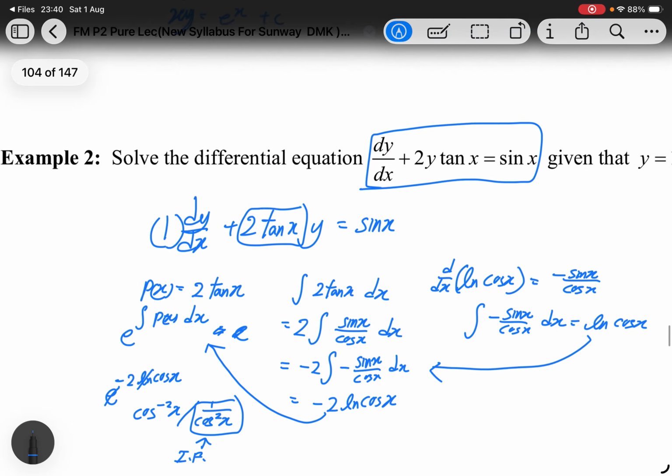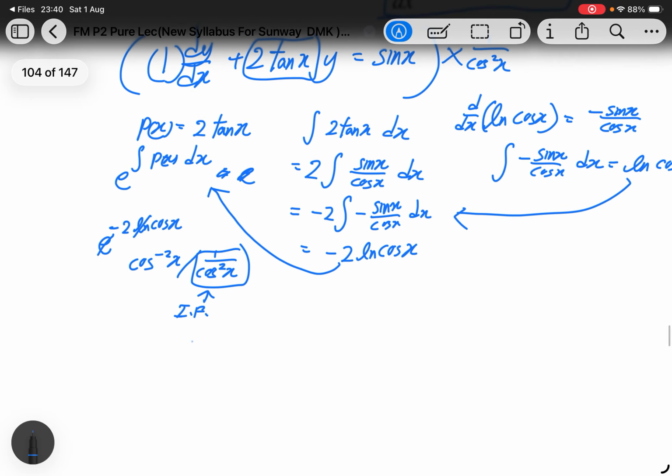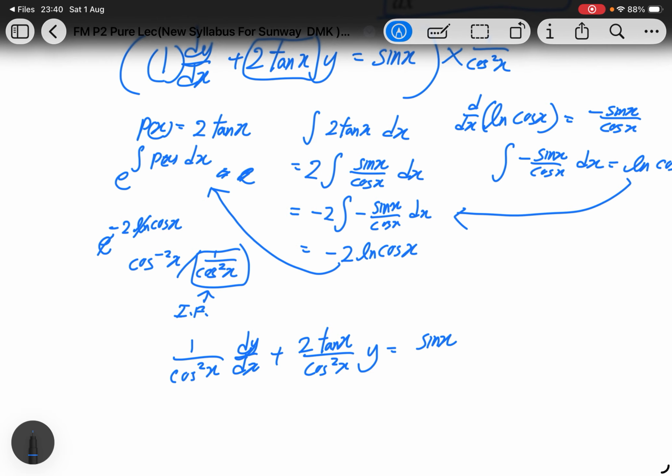I multiply this whole equation by 1 over cos squared x. So 1 over cos squared x dy/dx plus 2 tan x over cos squared x times y equals sin x over cos squared x.